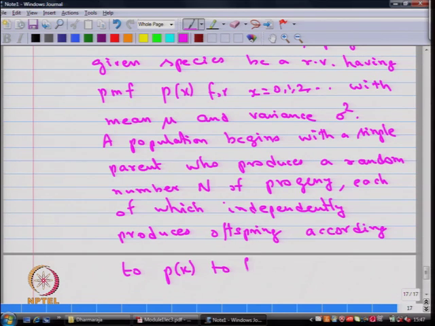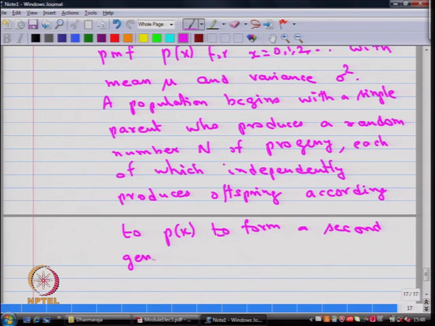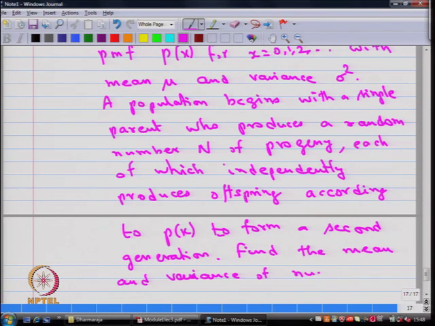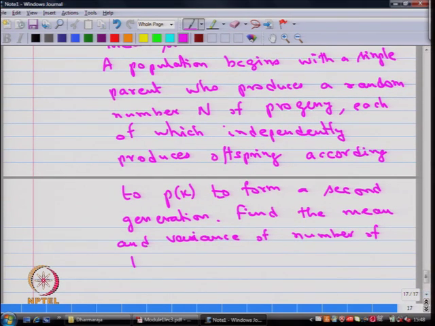To form a second generation. Find the mean and variance of number of descendants in the second generation.